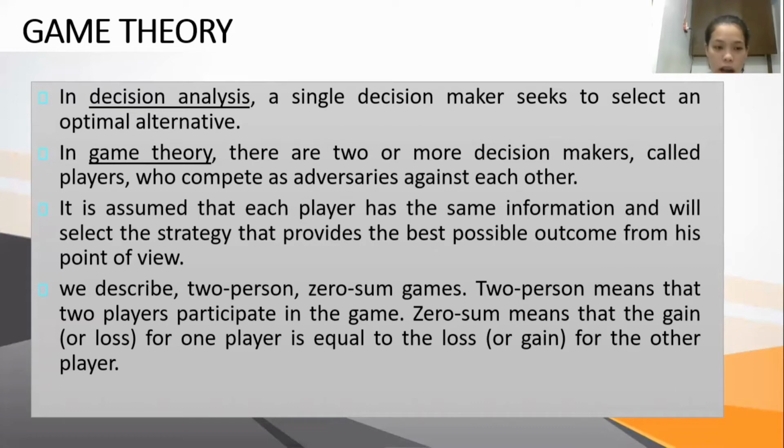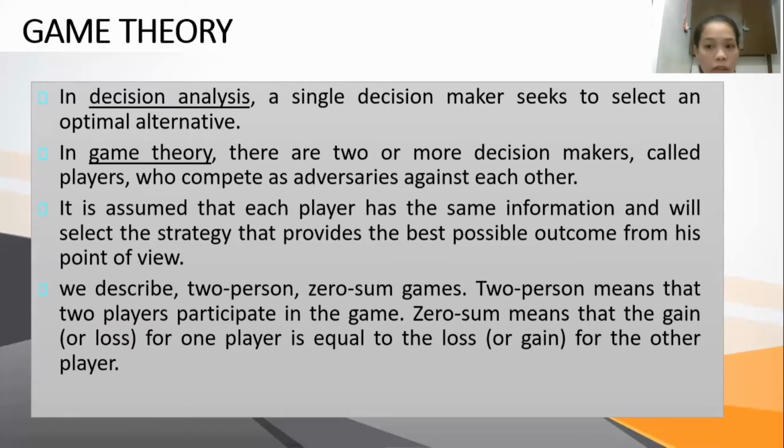So it is assumed that each player has the same information and will select the strategy that provides the best possible outcome from his point of view. So this theory assumes that each company or each player already has the same information.